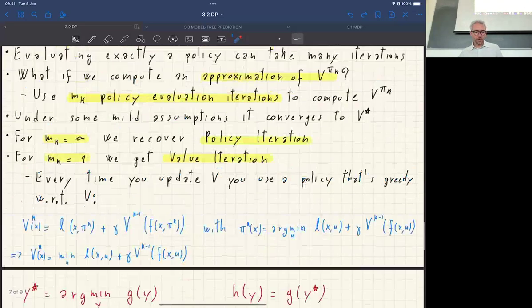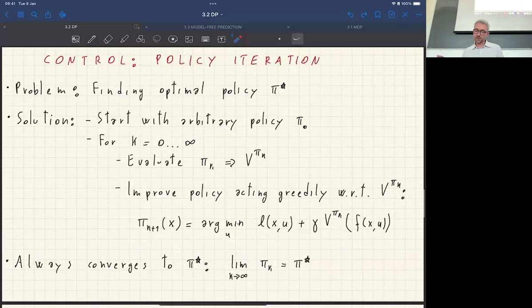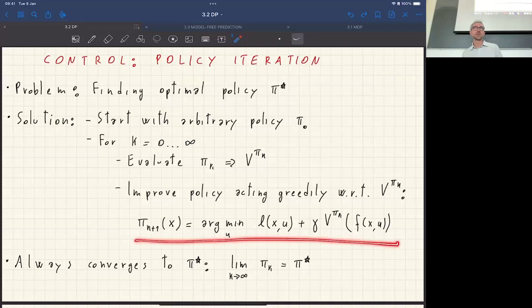Especially, I think it's super important to understand the policy improvement step, this one here. Because if you understand the policy improvement step, you're going to find it coming many times in many algorithms of RL. I mean, most RL algorithms are based on this policy improvement step.